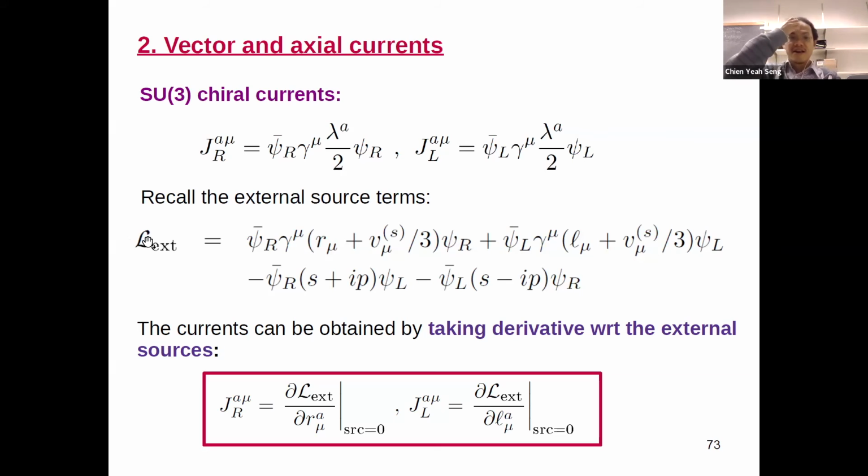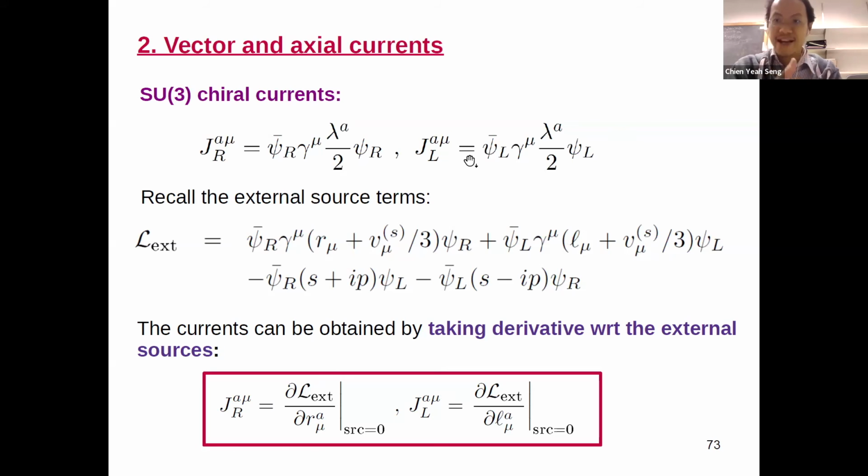In fact, one can obtain these currents by taking the derivative of the Lagrangian with respect to the external source. For example, if you take the derivative with respect to the right-handed external source, you obtain the right-handed chiral current. If you take the derivative with respect to the left-handed external source, you get the left-handed chiral current.